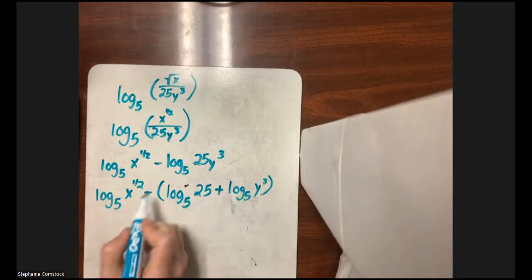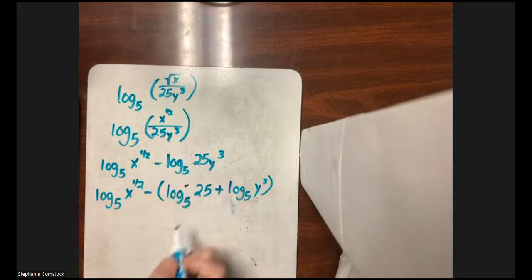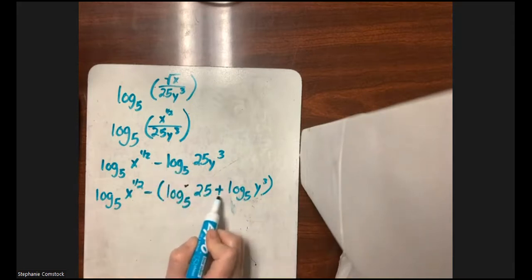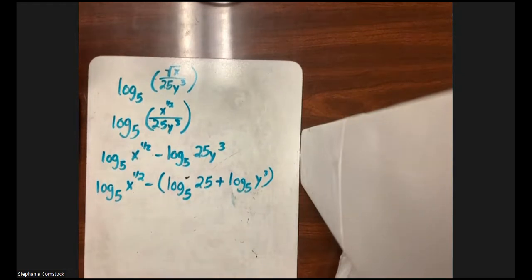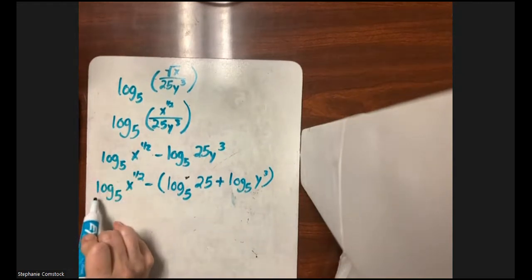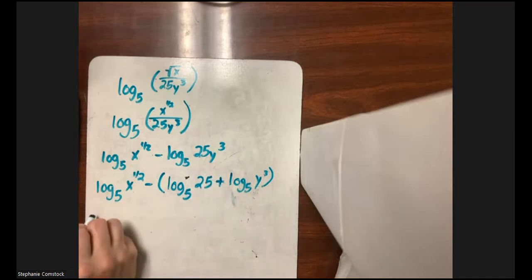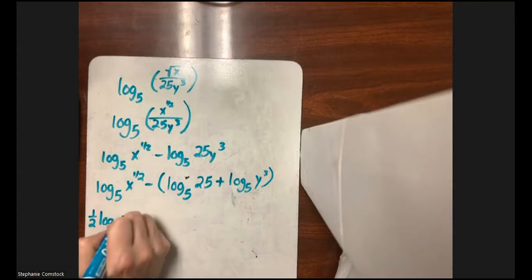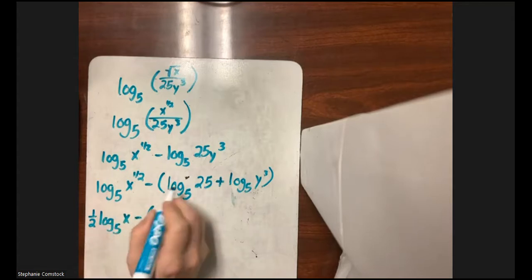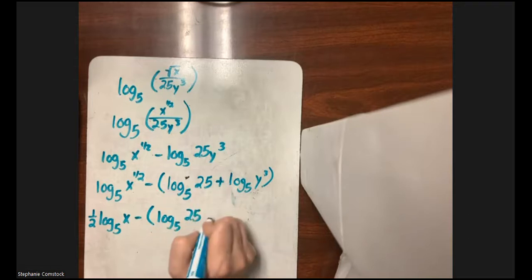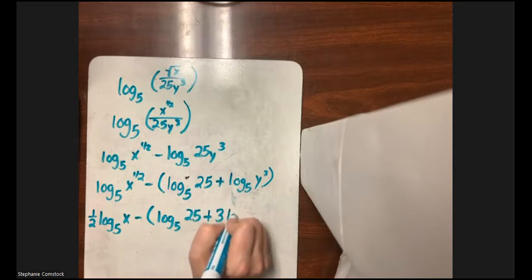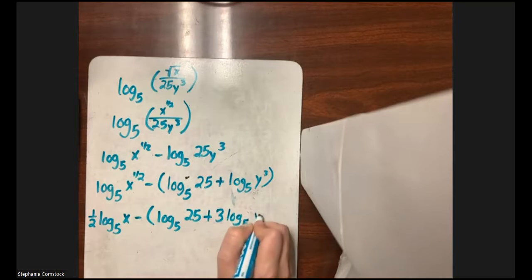So I'm still showing that I'm subtracting everything that came after this, but I am still getting my expansion there. That multiplication will go to addition. Now, at this point, I'm going to pull my powers down in front. So I'm going to have 1/2 log base 5 x minus parentheses log base 5 25 plus 3 log base 5 y.